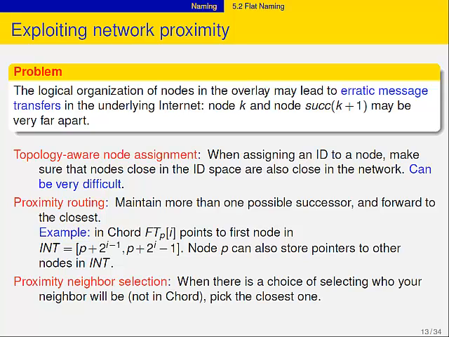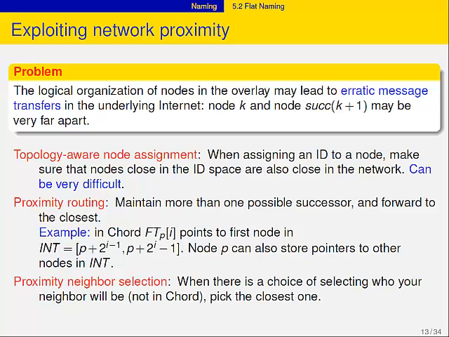And then I can deliberately choose a node that is physically closer to me and forward the request to that node. I'm still doing fine because I'm meeting the requirement that I'm not overshooting my request, in the sense that I'm not passing it on to a node that is beyond the key. Okay?